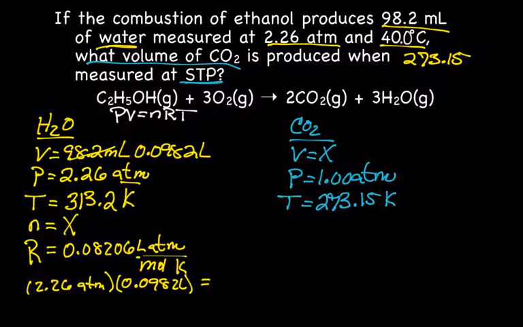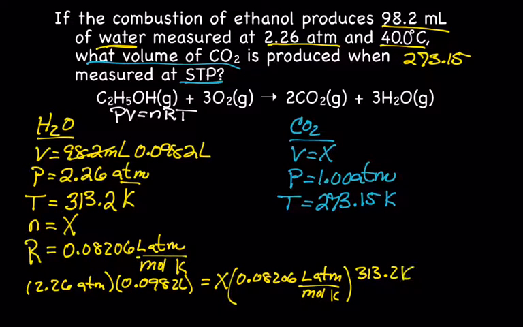N is our X. We have an R of 0.08206 liters atm per mole K, and a temperature of 313.2 K. Okay, we can cross out K. We can't cross out the moles, but what we can do is multiply moles on both sides, crossing those out.